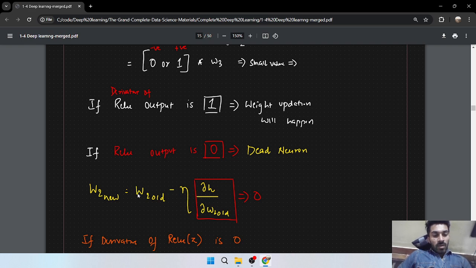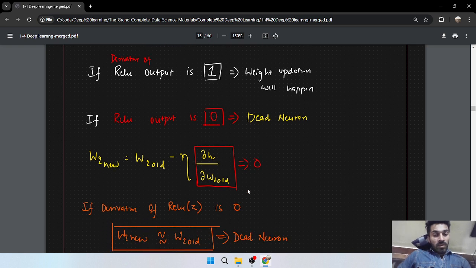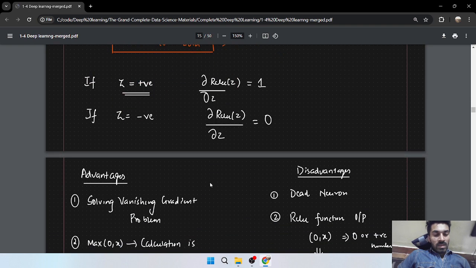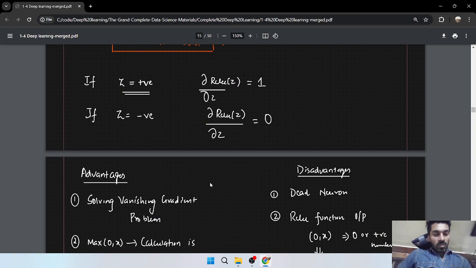So W new equals W old minus the derivative of the loss function with respect to W old, which equals 0, because the ReLU output is 0, or we can say the activation function is giving 0, so the derivative will be 0. So now the weight will not be updating if 0. This problem is called the dead neuron problem. So if z is positive, then it is 1, and if negative, then it is 0.